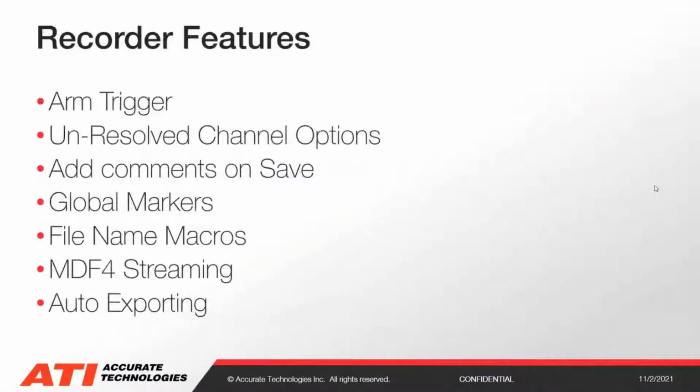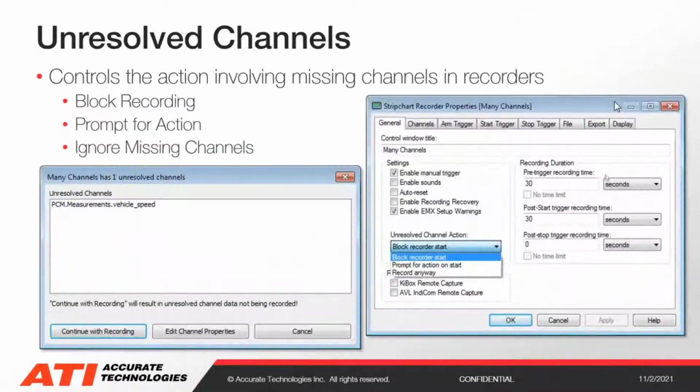So going back to auto exporting, that is a way, if you're set to record to a .rec file, which is the default Vision recorder file, you have the option, as soon as that recorder is done, to automatically export it to some other version or some other format. That is right over here in this export tab.